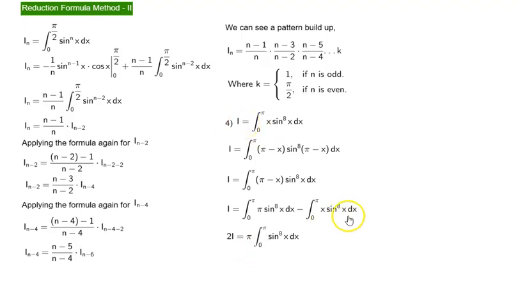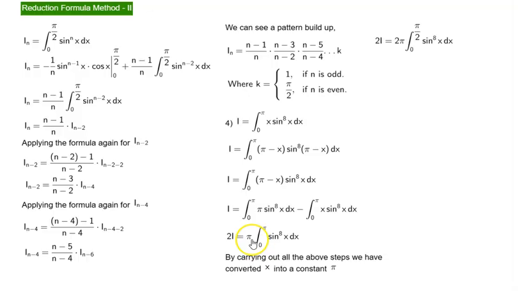So taking it to the other side, it becomes 2I is equal to pi, which is a constant, so we take it out: pi times the integral 0 to pi of sine 8 x dx. Basically, what have we achieved? We have got rid of x and in its place we have a constant pi.